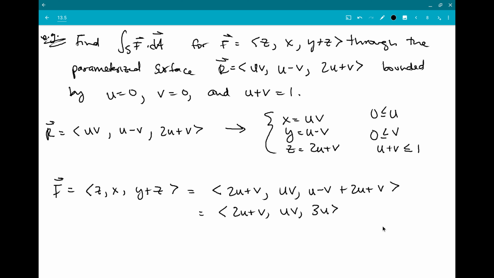Okay, and then we're going to have to take our partial derivatives to compute r sub u cross r sub v. And I'm going to go ahead and do that on the next slide because I don't want to take the partials and then have to copy them all over again.